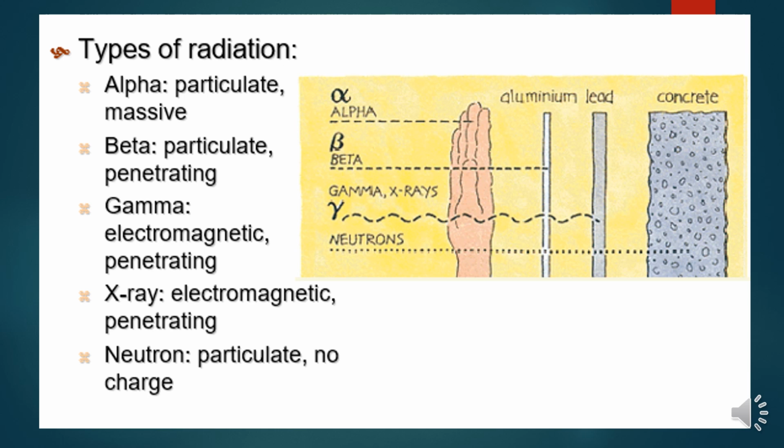Gamma rays and X-rays can penetrate through skin, aluminum and even lead. Neutrons can penetrate everywhere, including concrete. So we have to be aware of the exposure limit, and we have to keep ourselves safe from all these radiations.